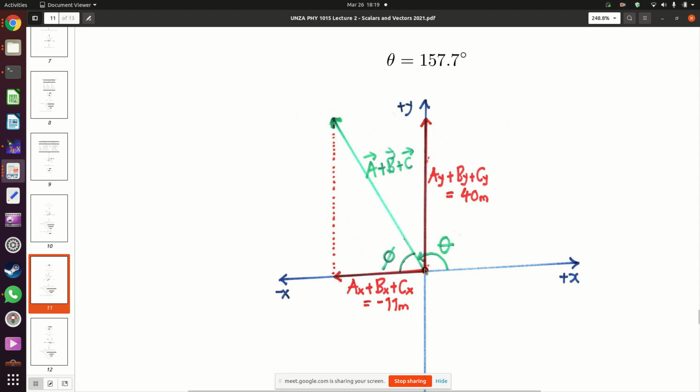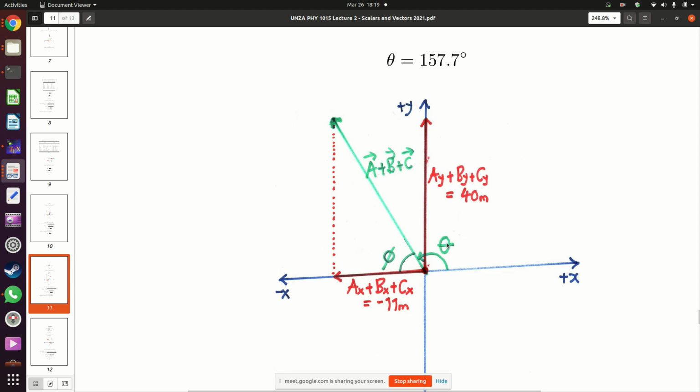But again, we realize that with this x component, which is minus 11 meters, and the y component, which is 40 meters, and also A plus B plus C, we have a triangle here. This triangle has an angle, sorry, the phi you have there inside.